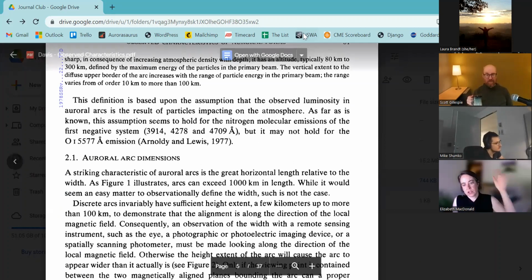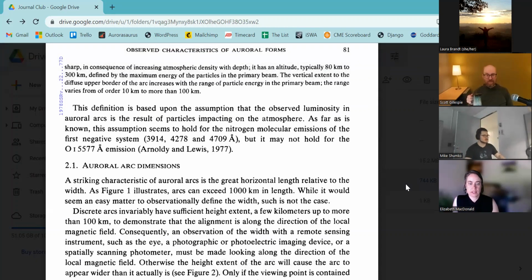It has an altitude, typically 80 kilometers to 300 kilometers, defined by the maximum energy of the particles in the primary beam. The vertical extent to the diffuse upper border of the arc increases with the range of particle energy in the primary beam. The range varies from of order 10 kilometers to more than 100 kilometers.